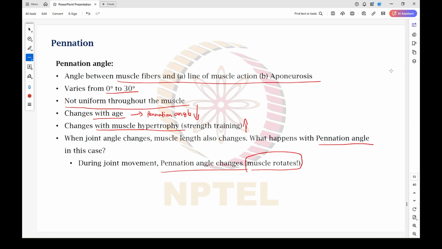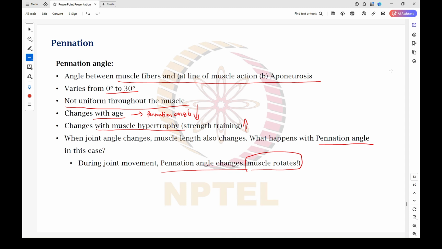In the case of strength training, there is muscle hypertrophy, in which more muscle fibers are added onto a particular muscle. Since more muscle fibers are squeezed into an already crowded muscle, the pennation angle increases, so that the final force transmitted remains the same.